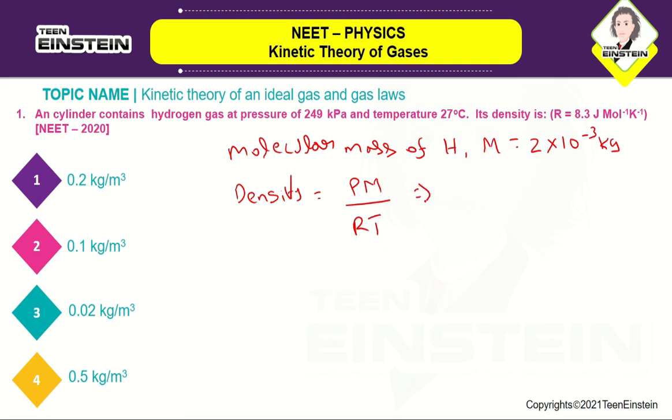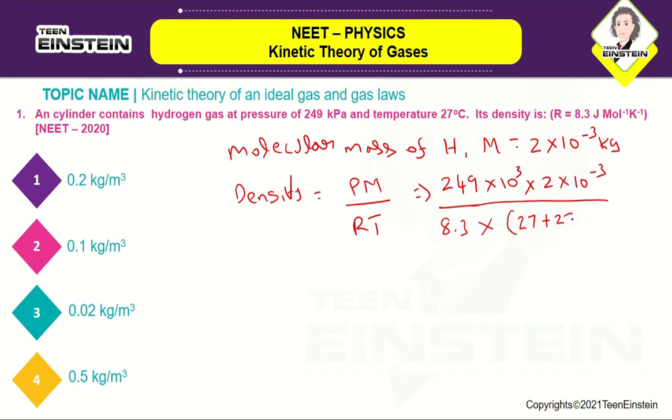Here the pressure is 249 into 10 power 3 because of the kilo, and into the mass is 2 into 10 power minus 3, divided by R, which is 8.3, into temperature, changing it into Kelvin, 27 plus 273.